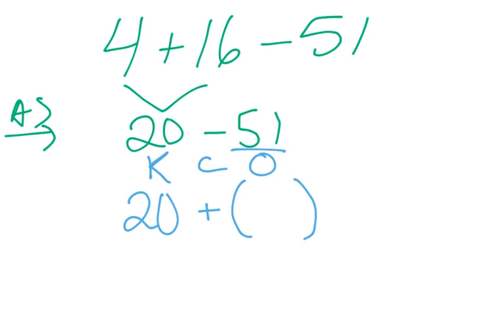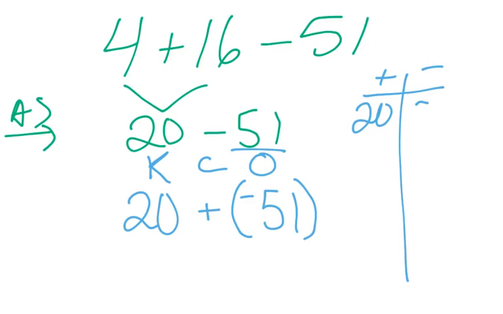The opposite of 51 is negative 51. And now that I have an addition problem, I can use my integer wars charts. 20 points for the positive team, 51 points for the negative team. Negative team wins by 31 points, so my answer is going to be negative 31.